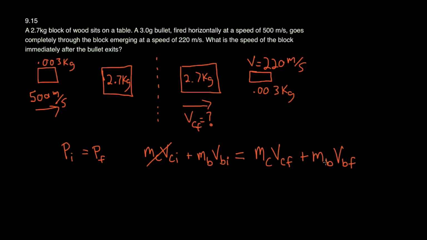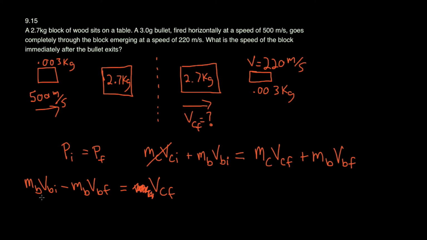So I'm going to subtract the mass of the bullet times the velocity bullet final from both sides. So we're left with m sub b times v sub bi minus the mass of the bullet times the velocity of the bullet final, and this is going to be equal to the mass of the cube times the velocity of the cube final. So then we just divide both sides by the mass of the cube.